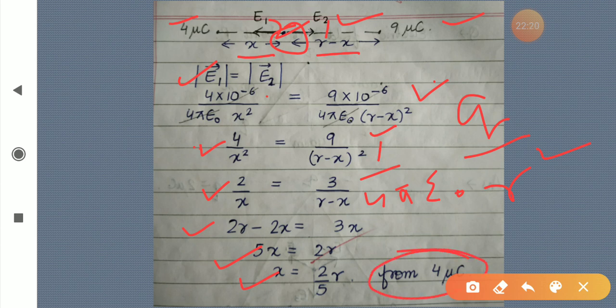You can see that. So we can tell the exact position of this charge. So such problems should be solved in this way only.